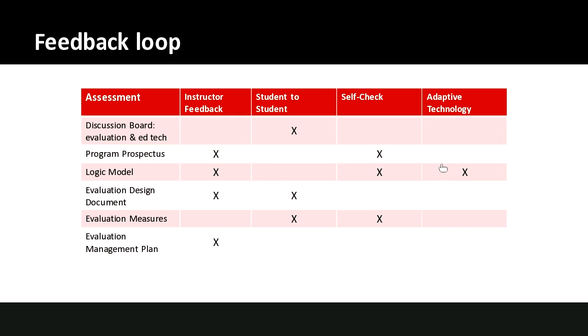If I've used some sort of other technology, and what I mean by that is there might be some kind of program that's already been created by more of an e-learning author that will adapt to the kind of responses that the students make. Maybe there's kind of this automated response to tell them to review a certain kind of content, or maybe it's going to adapt based off of the answers that they give.